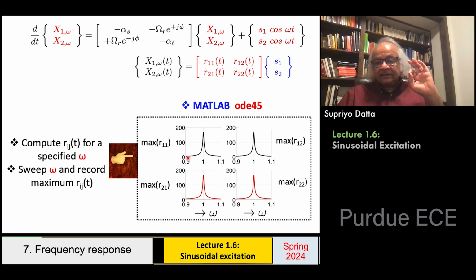And what we'll find is this nice sharply peaked response: when your omega actually matches omega R, that's when you get a nice peak in the response. But then as you go off resonance, it dies out, falls off. That's what you see.